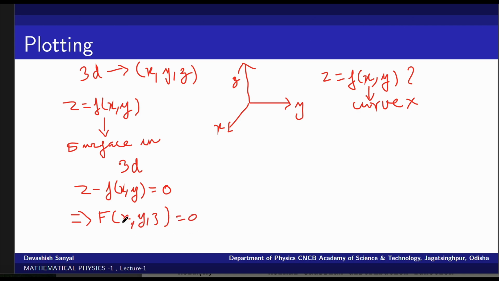Okay, correct? So this can be substituted by another function F(x,y,z) equal to 0. This also defines a surface.